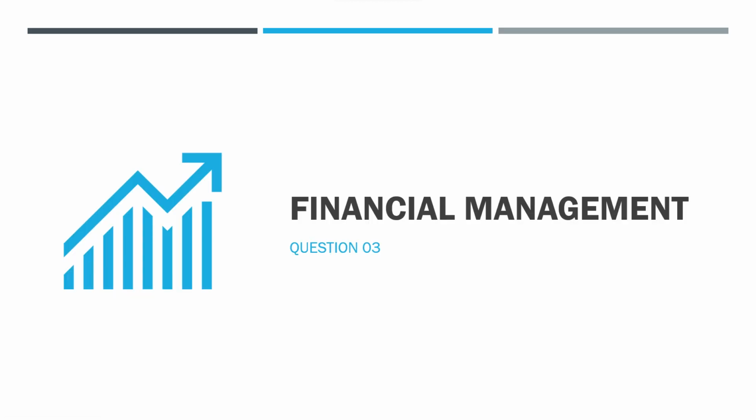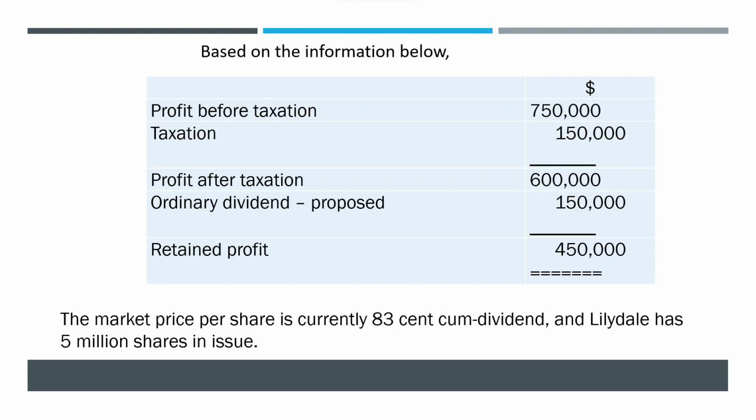Today's question is based on the following information related to Lilydale Company. Profit before taxation is $750,000. Taxation is $150,000. Profit after taxation is $600,000. Proposed ordinary dividend is $150,000. And retained earnings or profits are $450,000.